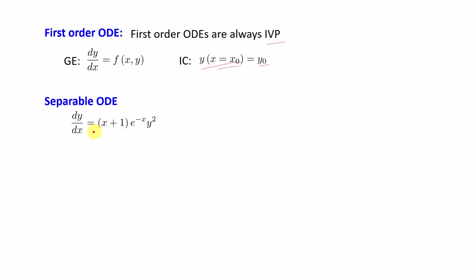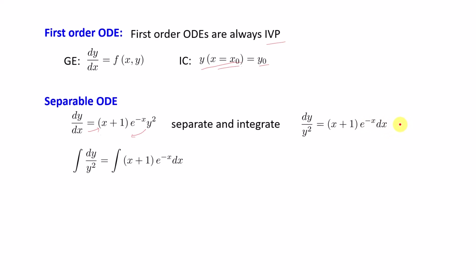So for example, let us take dy/dx = (x + 1) e^(-x) y². Clearly, here we can separate. I can take this y² toward the left side and dx to the right side. So after separating, it becomes dy/y² = (x + 1) e^(-x) dx.